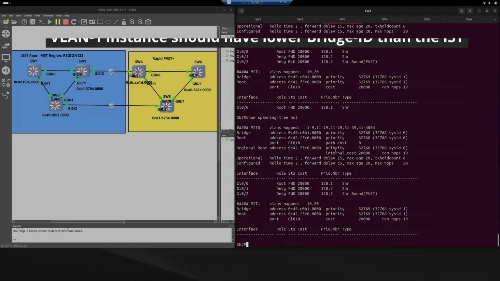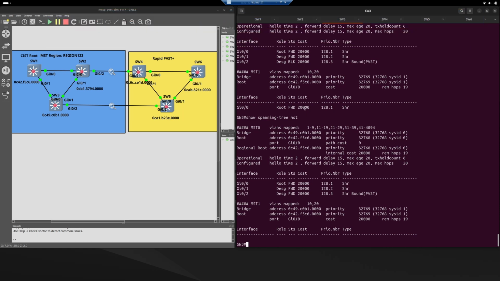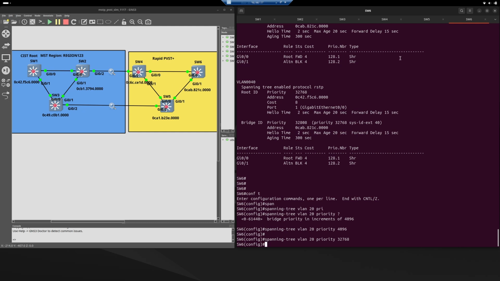Now what if the CIST root is in the PVST domain? Again, MST instance 0 is compared to the VLAN 1 instance, and the lower bridge ID wins. So let's make switch 6 the CIST root, for example.